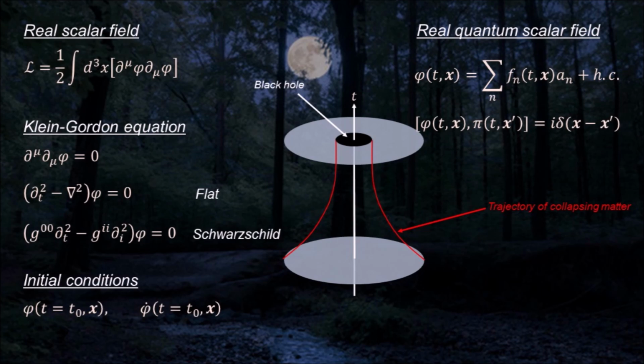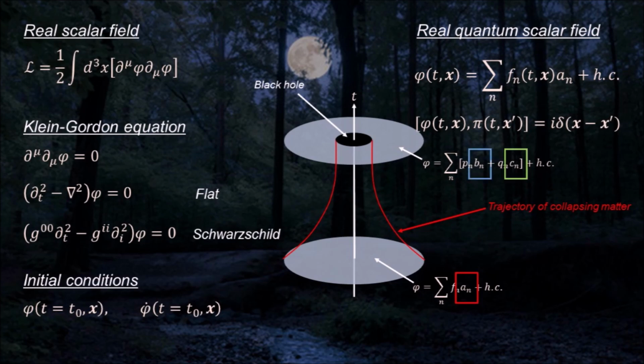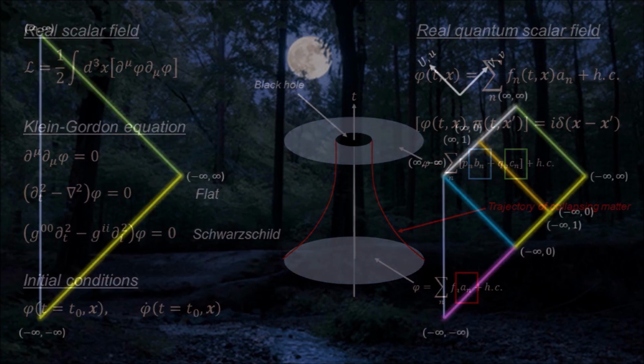So quantizing the field on the first surface will yield a coefficient operator a, while quantizing on the second surface will yield a different operator, say b, for the space-like surface and c for the horizon. That means that if the observers in the distant past measure zero particle content on their Cauchy surface, in other words vacuum, the observers in the distant future will measure a non-zero particle content.